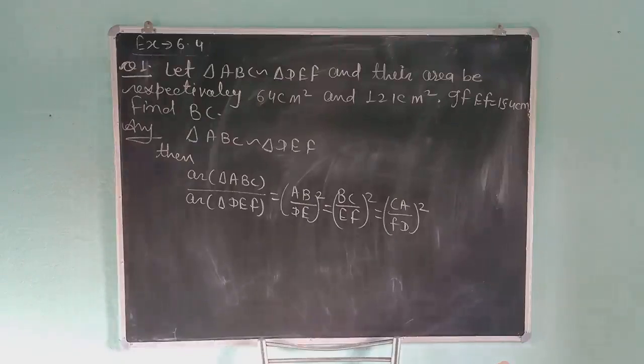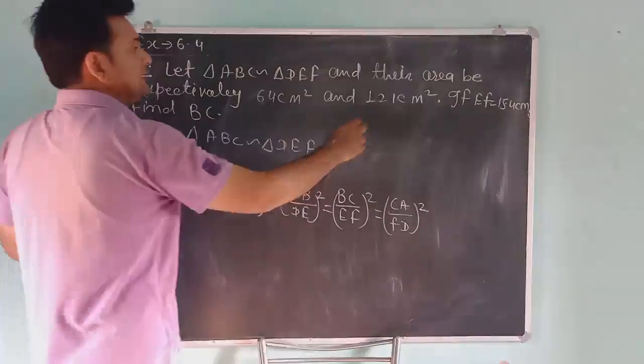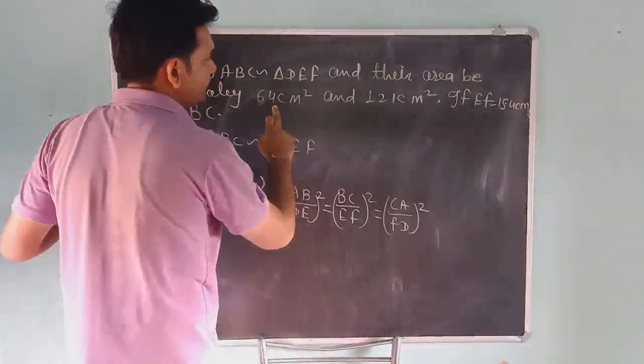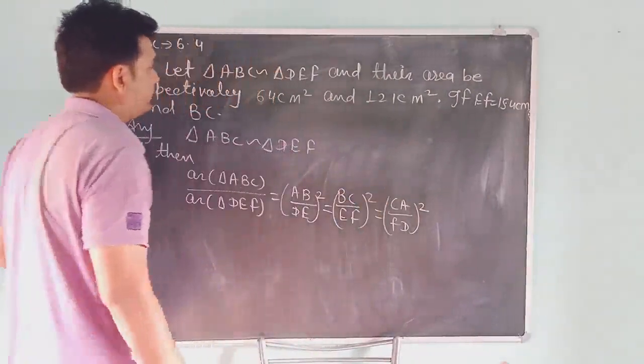Okay students, their areas are respectively 64 centimeter square and 121 centimeter square.